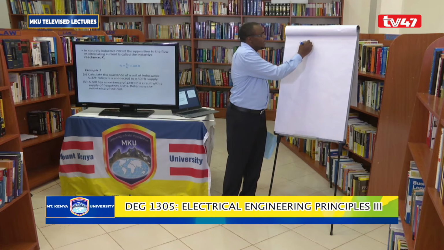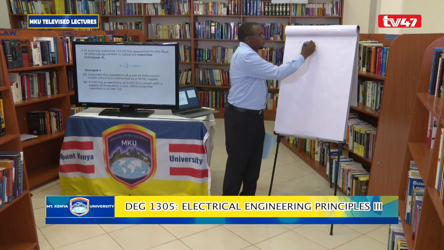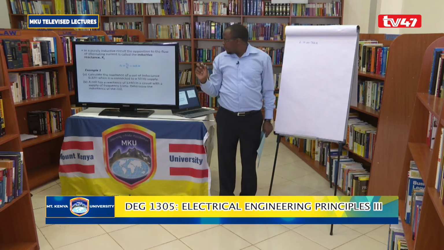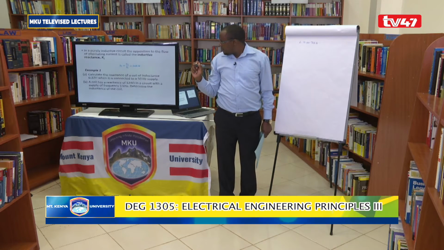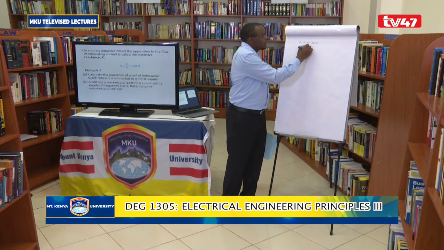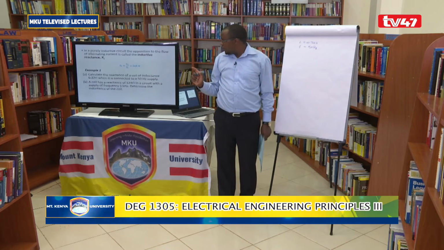The value of L is 0.32 Henry. We have also been given that the frequency is 50 Hertz. And then the question is asking you to calculate the reactance of the coil.